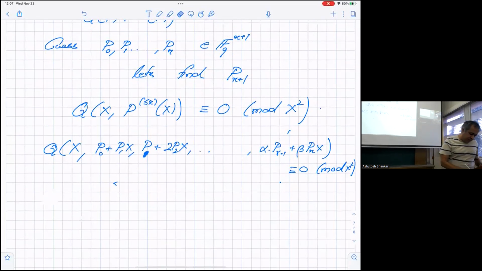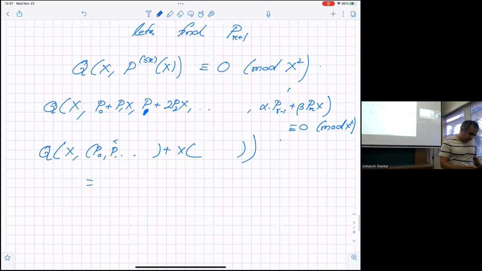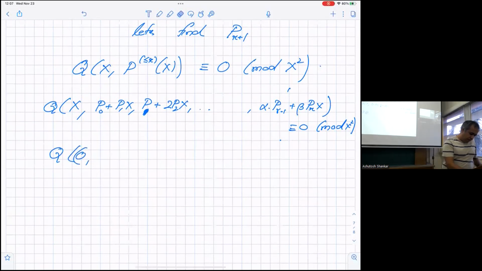So I'm going to think of this as Q of x, with point P0, P1, something plus x times this one. Let me write it as Q of 0 comma P0, the term at 0 plus x times this.